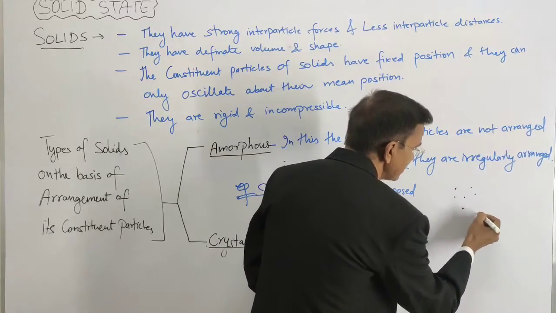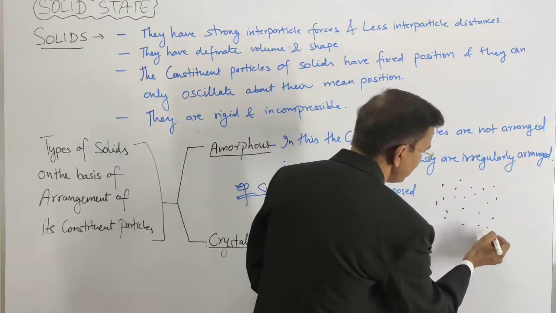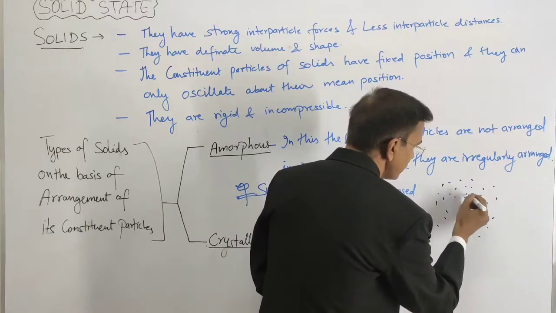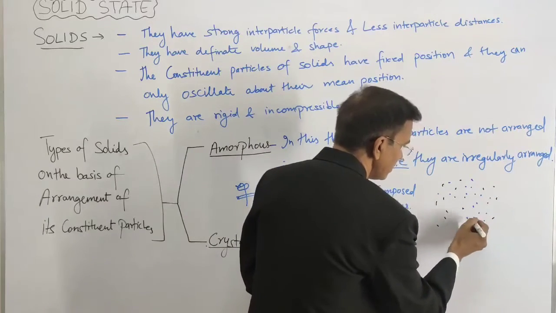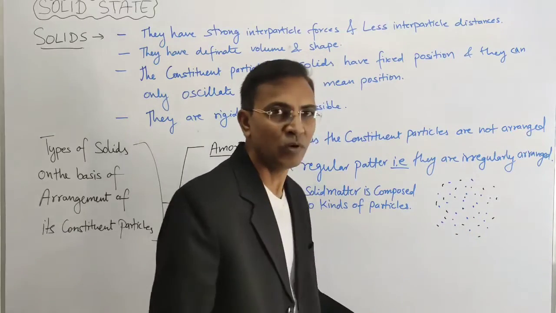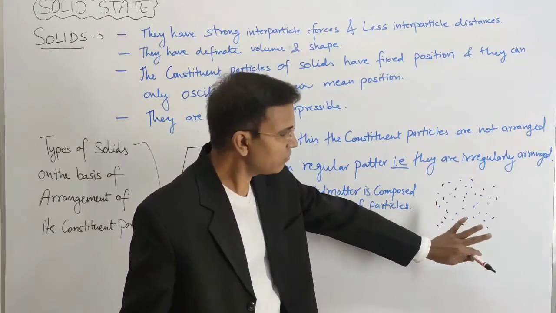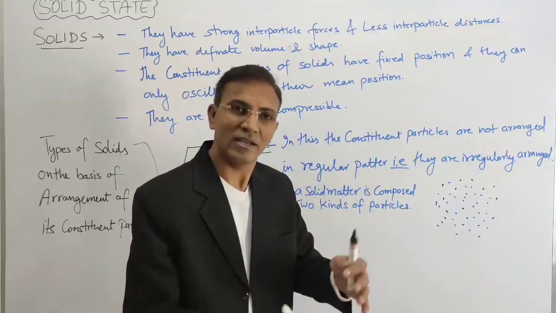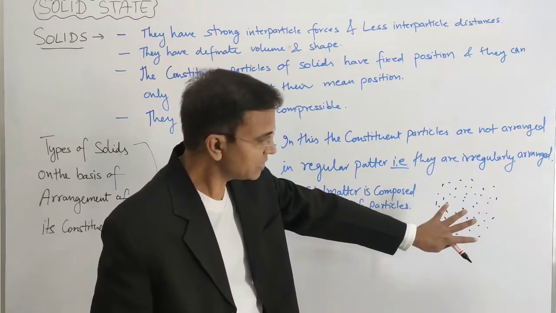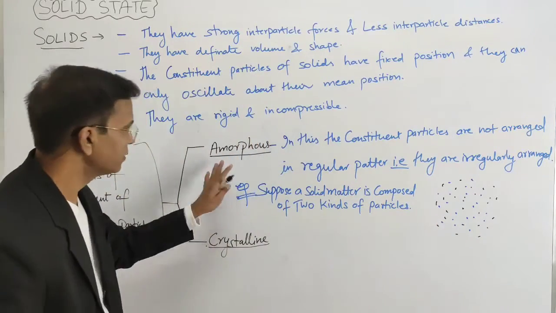These are the particles, maybe atoms, ions, or molecules, whatsoever it may be. Now, one type is in the black position, the second type is in the blue position. So both are irregularly arranged. Neither kind of regular pattern is there. They are irregularly arranged, and this kind of pattern present in the solid, that solid is called the amorphous solid.